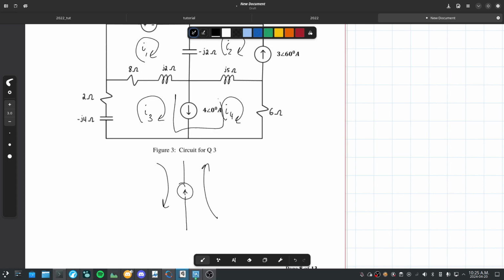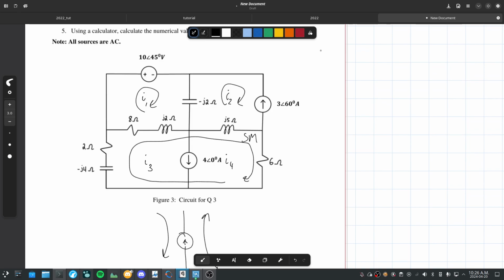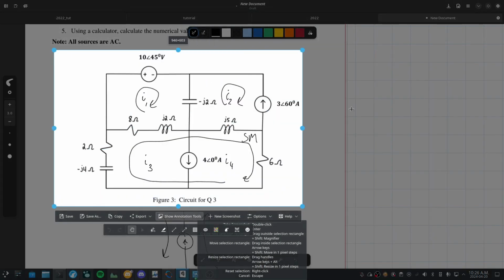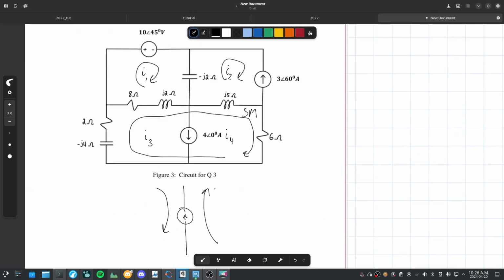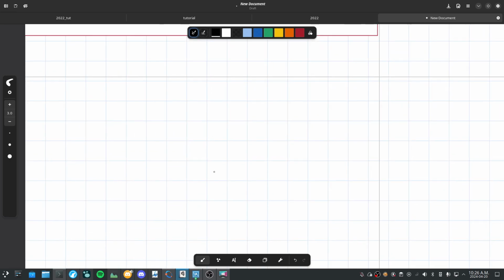And we do, right here, right in the middle between I3 and I4. This greatly simplifies our equation. So remove these, and instead, draw a big super mesh. This is going to be our super mesh. So let me just take a picture of this so I can leave it to the side. And now let's create our equations.